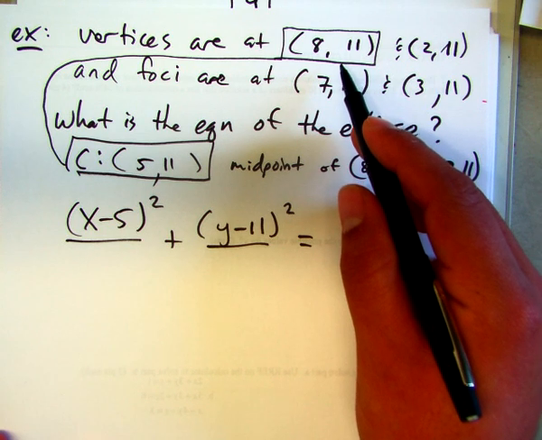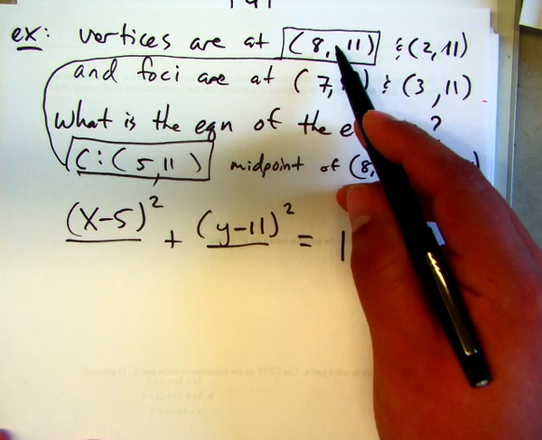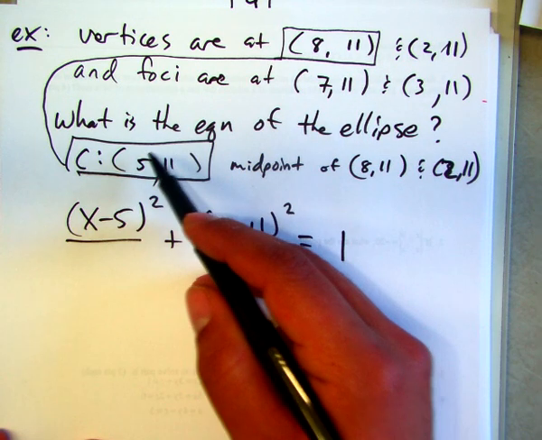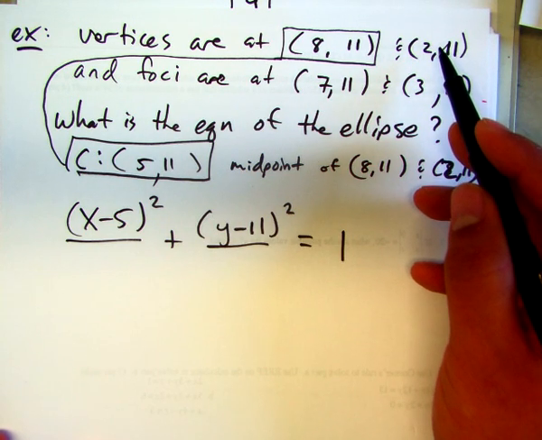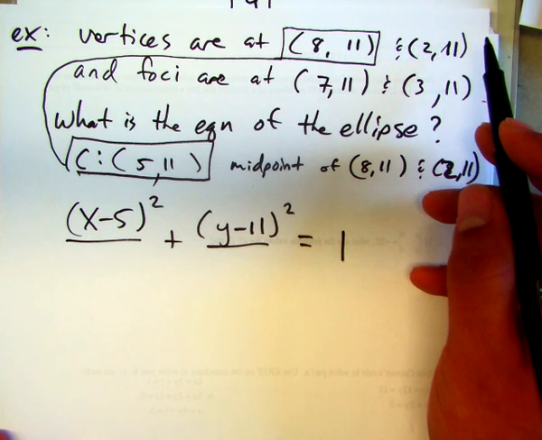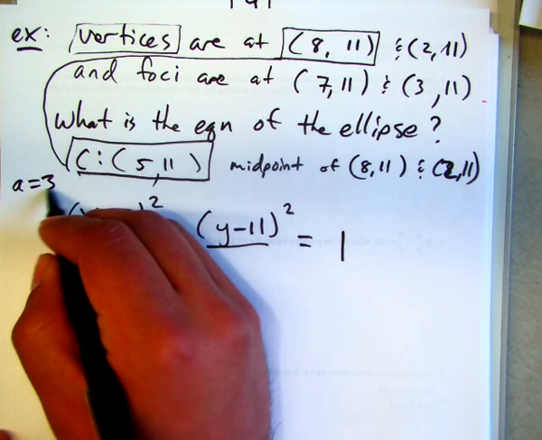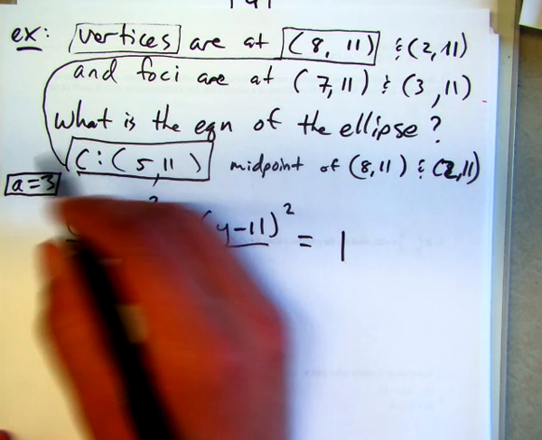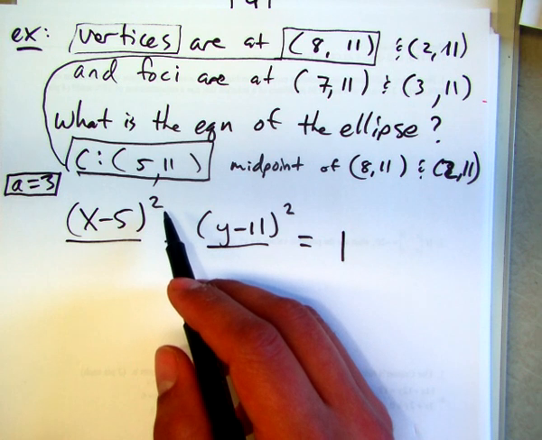How far is it from (5, 11) to (8, 11)? 3. Or (5, 11) to (2, 11)? 3. Either way, it's 3 units. Which letter is that, A, B, or C? If it's vertices, A has to be 3, because A is always the distance from center to vertex.